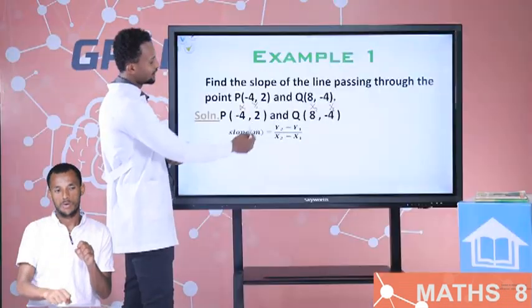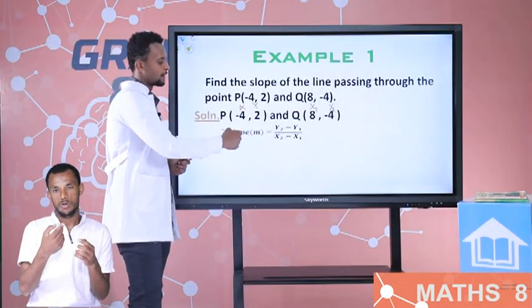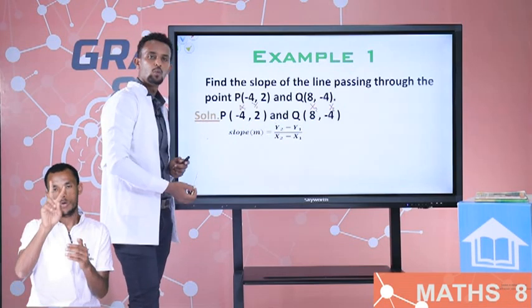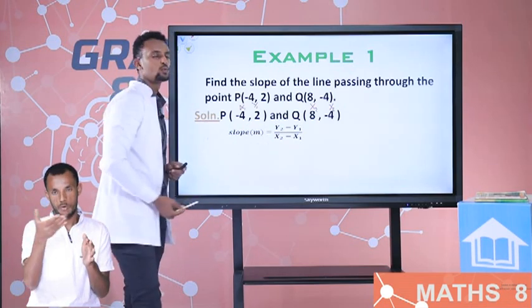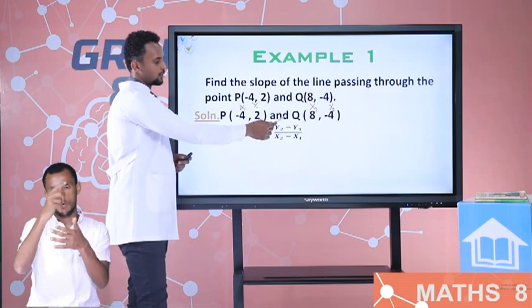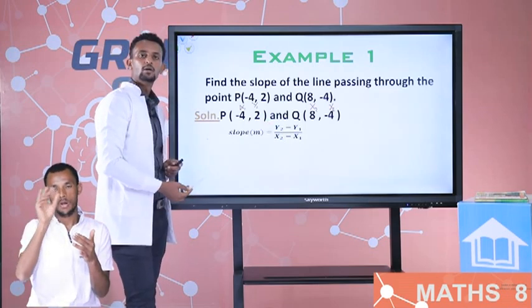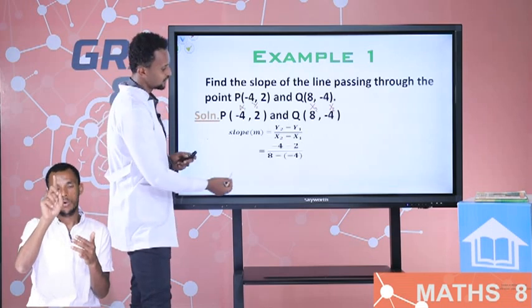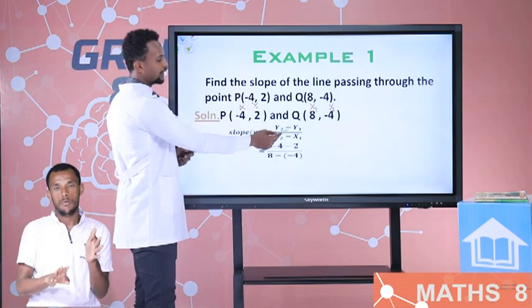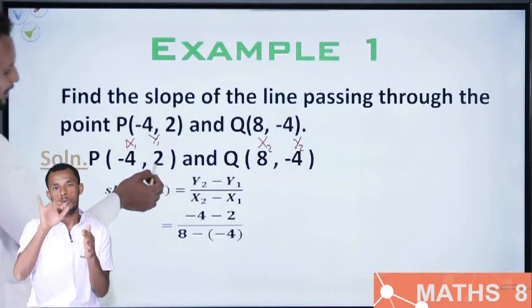So, the formula of slope is equal to y2 minus y1 over x2 minus x1. Let's substitute the values of y1, y2, x2, x1. Substituting y2, it is minus 4 minus the value of y1, which is 2.